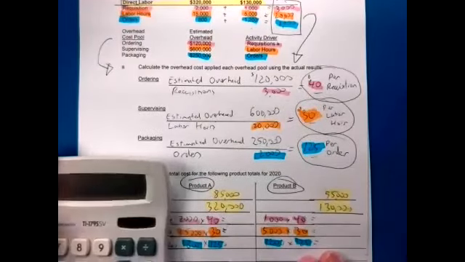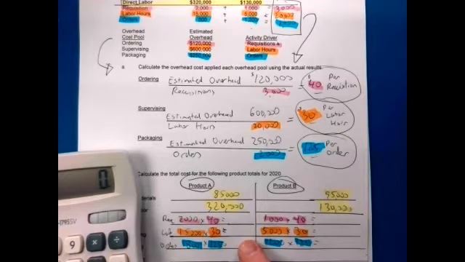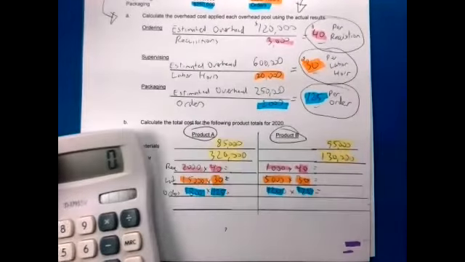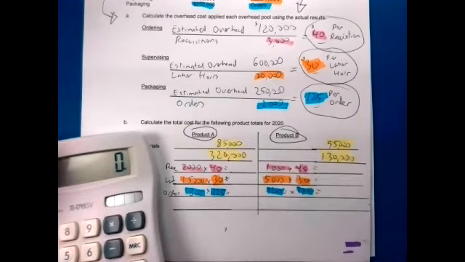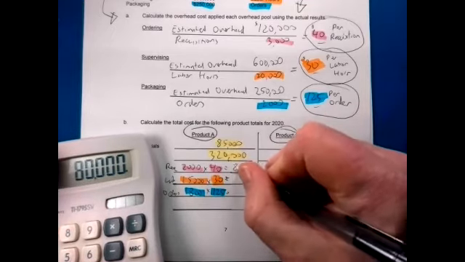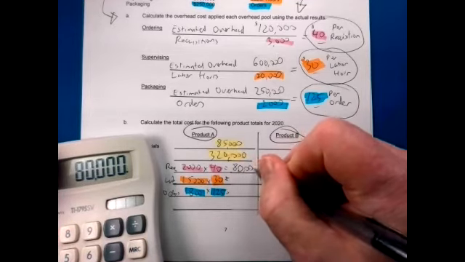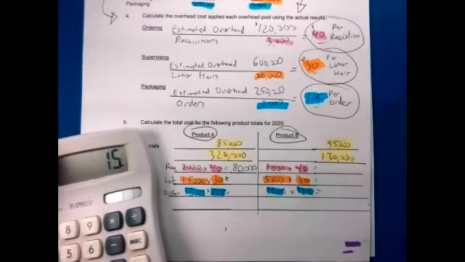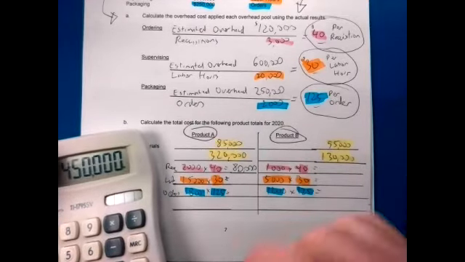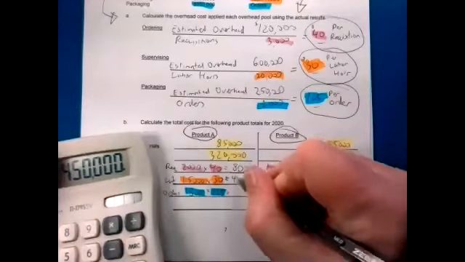All right, so ordering. I'm going to switch this up a little bit. Ordering, we had 2,000 times 40, 80,000. 15,000 times 30, 450,000.